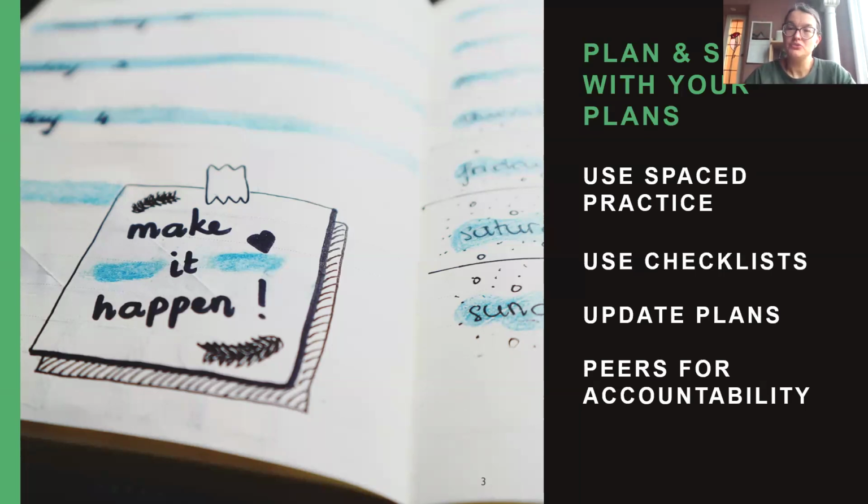Another thing that comes into sticking with your plans is to use peers as part of accountability. So to help each other, to motivate each other to stick with the plan, maybe to study together. And it doesn't even have to be that they are studying in the same room or that they are studying the exact same subject.